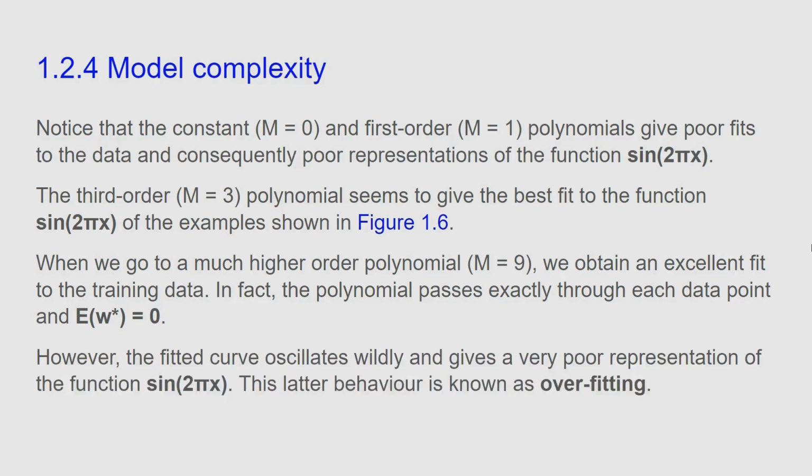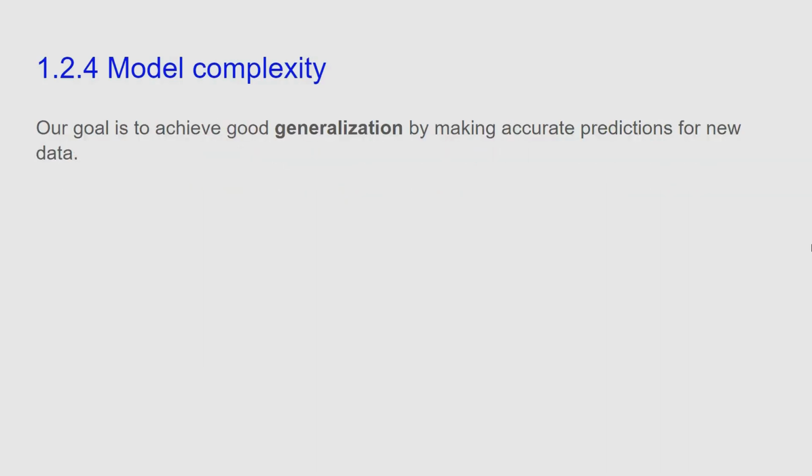The fitted curve oscillates wildly and gives a very poor representation of the function sin(2πx). This latter behavior is known as overfitting. Our goal is to achieve good generalization by making accurate predictions for new data.